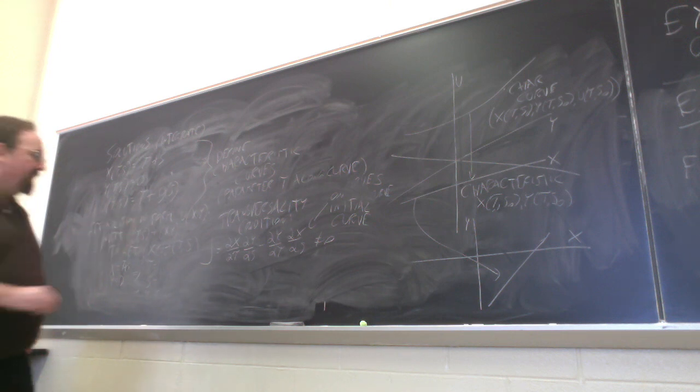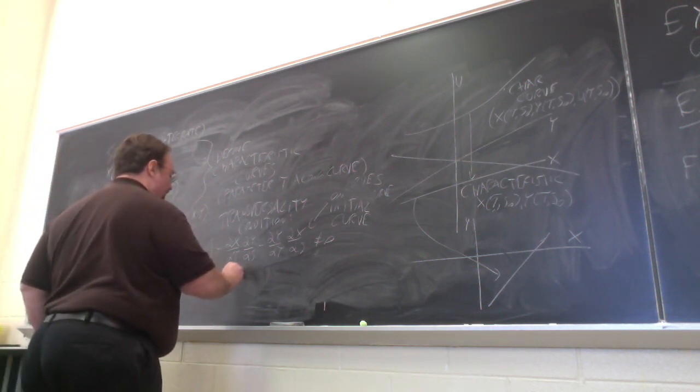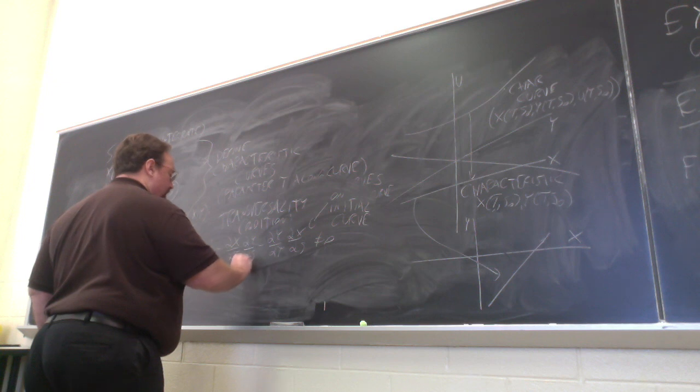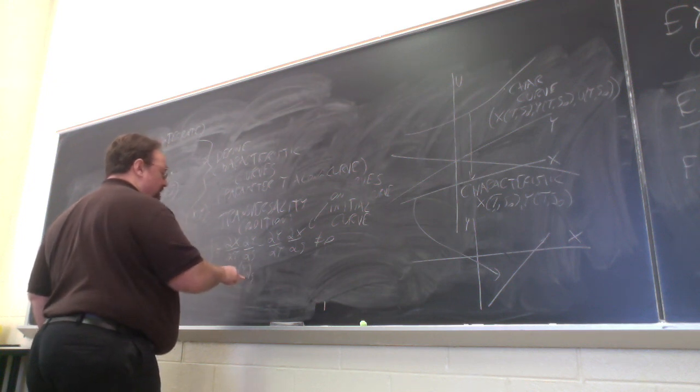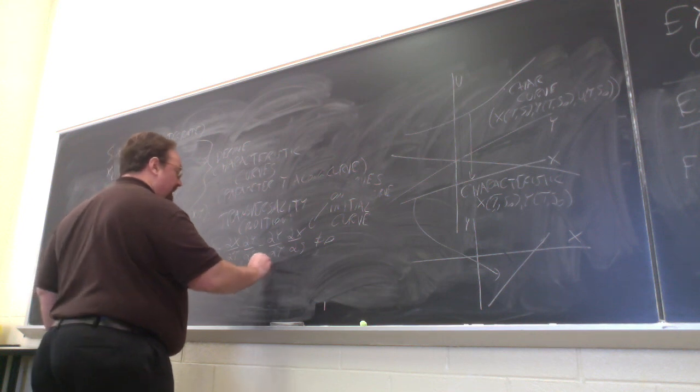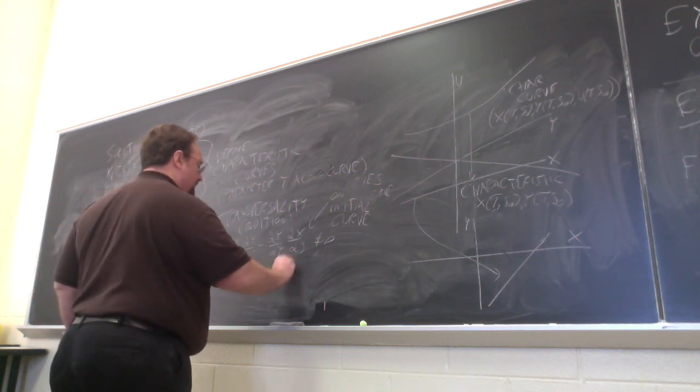Well, dx d tau is just the coefficient a, and then we have the derivative of y naught with respect to s, the initial condition, and dy d tau is equal to b.